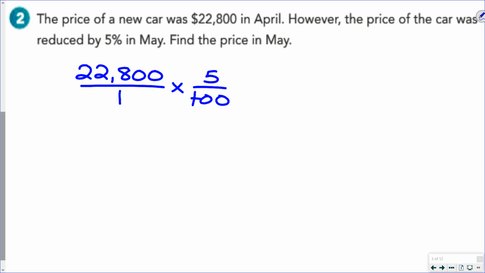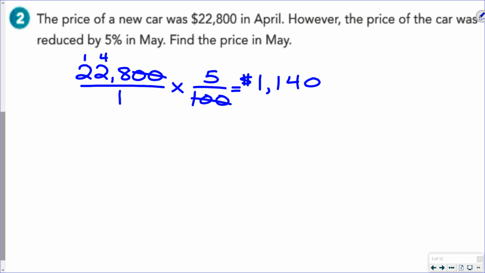So 100 has 2 zeros, so I can take off 2 zeros of the 22,800. 5 times 8 is 40. 5 times 2 is 10, plus 4 is 14. 5 times 2 is 10, plus 1 is 11. So that would give me $1,140.